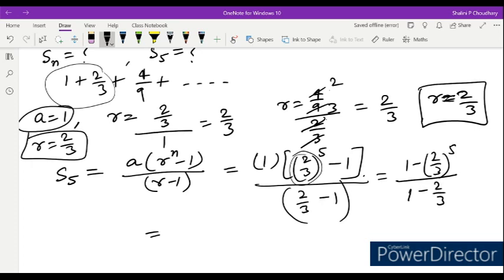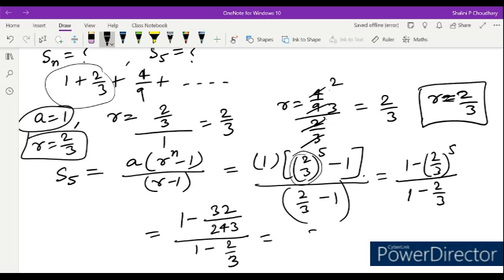Okay, so 2 का power 5 will be 32 and 3 का power 5 will be equal to 3 का power 2 will be 9, then 27, 81 and 243, 243 and upon 1 minus 2 upon 3.